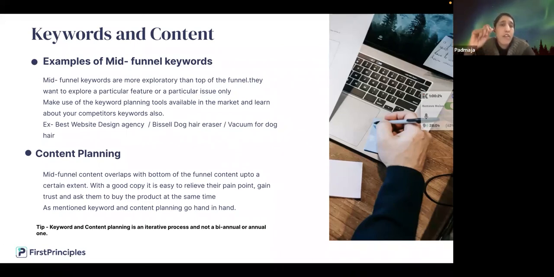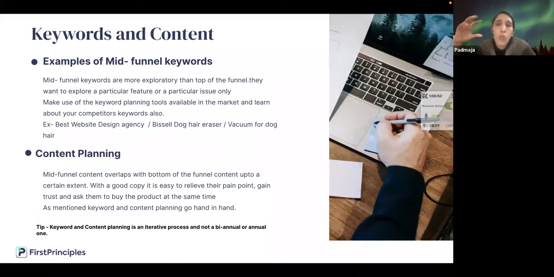Here, if you compare the mid-funnel keywords, it's like, hey, Bissell dog hair eraser, vacuum for dog hair. So if you go to any of these companies, what they do is they have a top of the funnel blog, and then they take the user through their product, then also give the features and make you buy as well in the same blog.